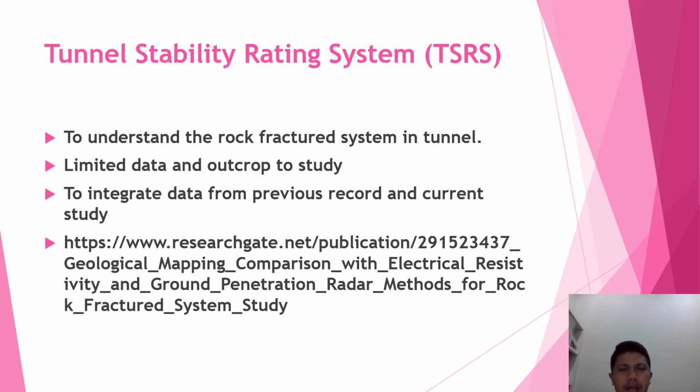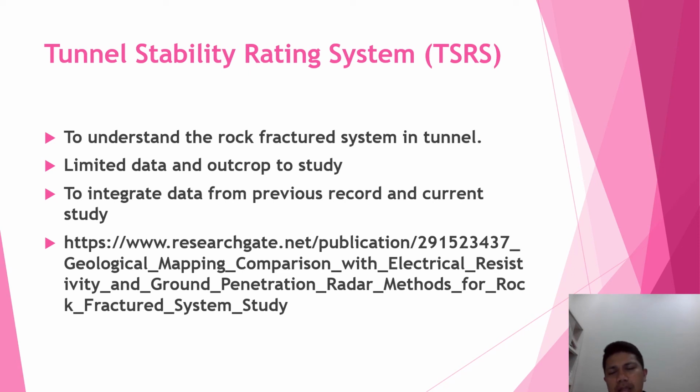Actually, for the tunnel stability rating system related to my previous slide, we tried to look for a tunnel stability system. If you're interested to read more detail about this classification system, you can read it on the ResearchGate page.